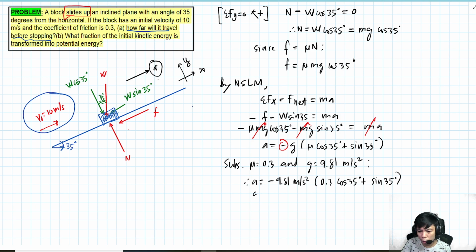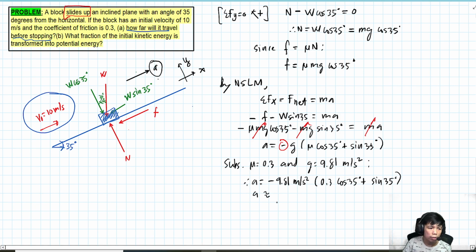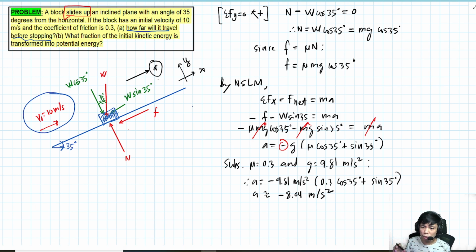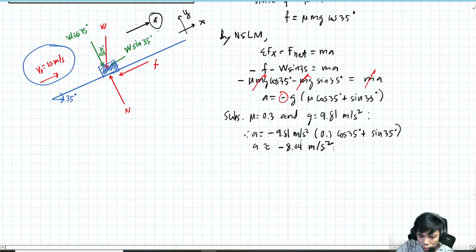You will get a value na approximately equal to negative 8.04 meter per second squared. So, since nakuha na natin acceleration, guys, pwede nating masolve yung distance traveled by the block before it stops.